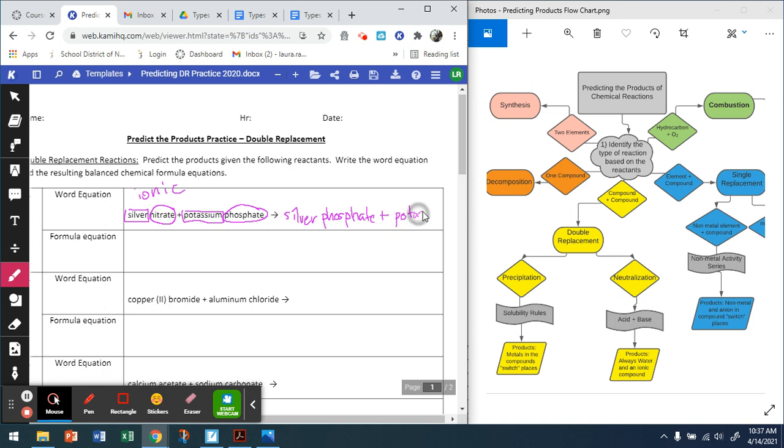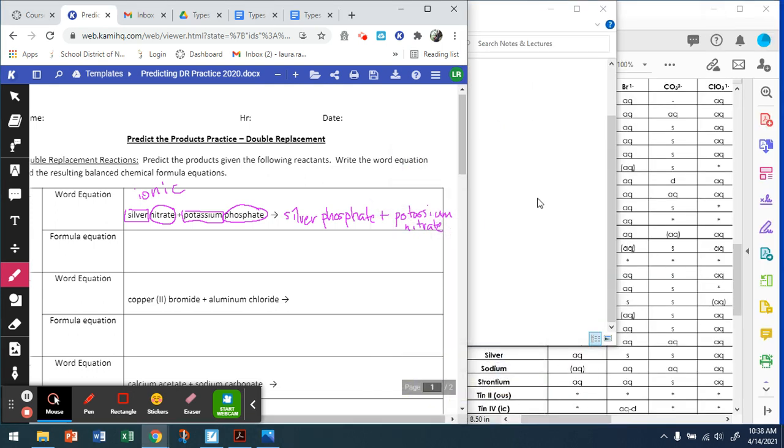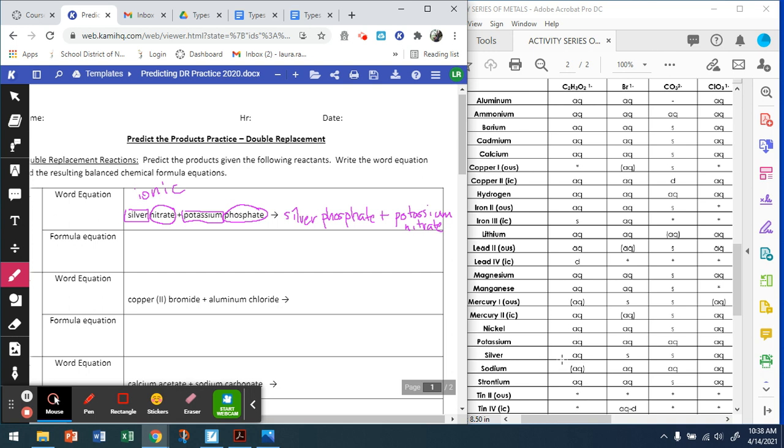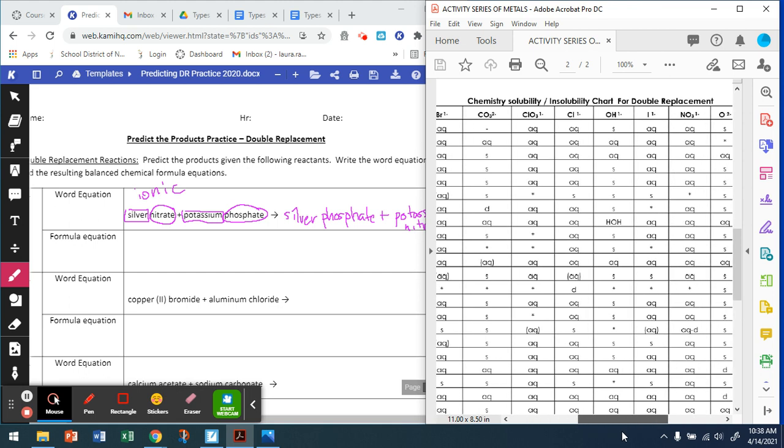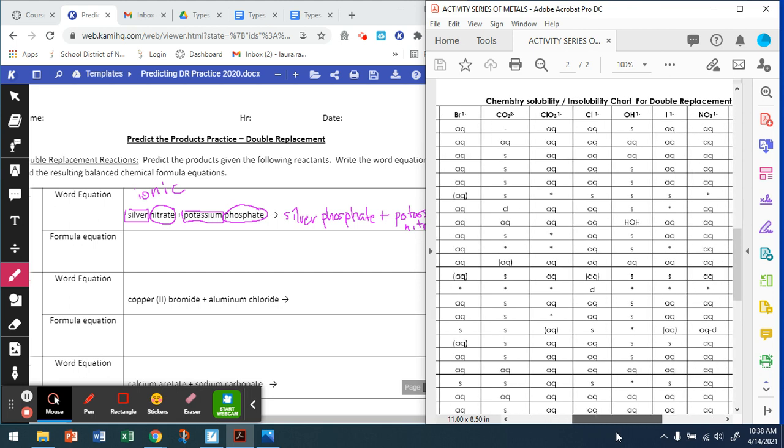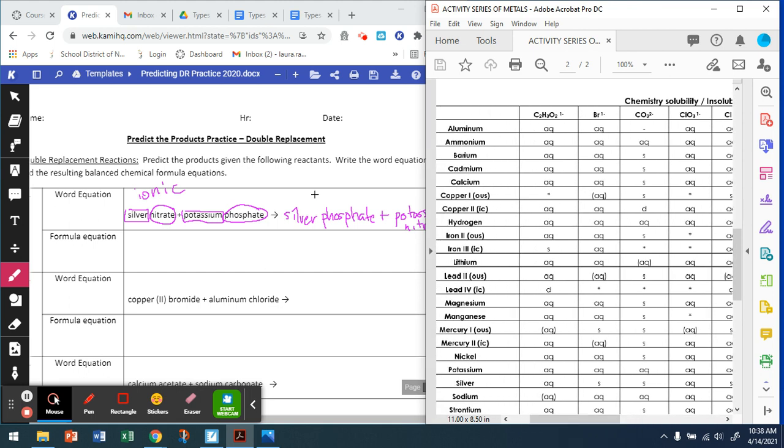Now, the trick with these, much like single replacement, is they don't necessarily react just because you put them together. We need to determine, is the reaction going to occur? So the way that we do that is using our solubility chart. This is the same one that was in the instructions, the lecture. And we're going to check what the solubility of the products are. Notice we're doing this for the products after I've already made the switch.